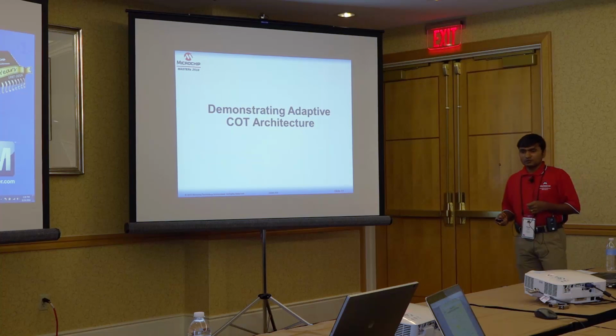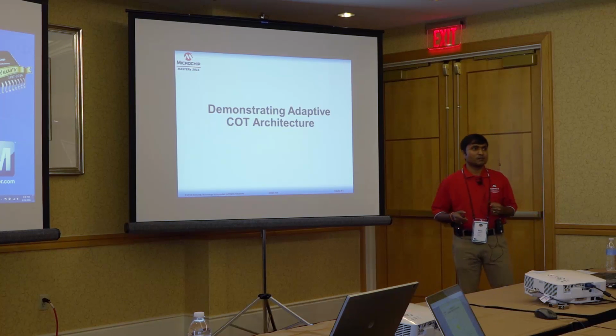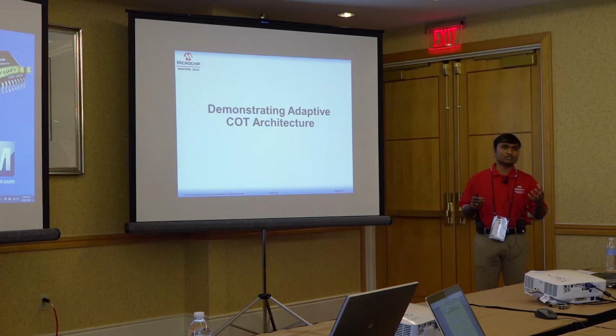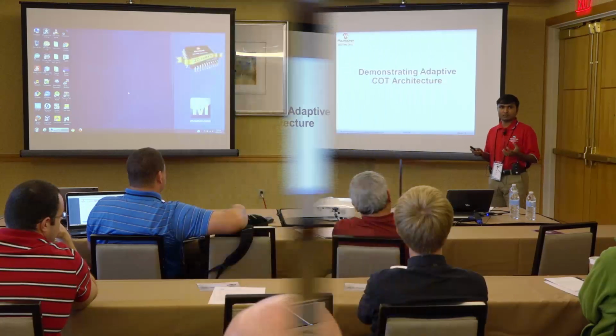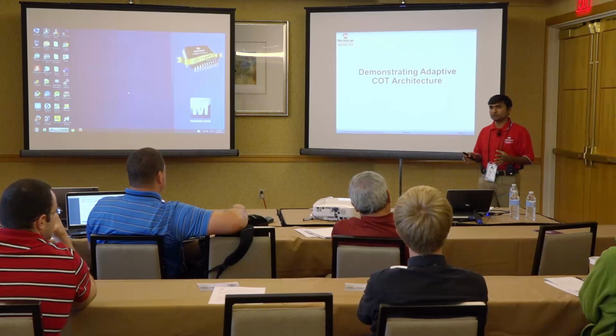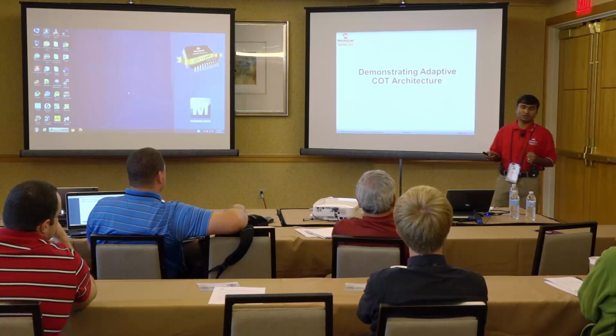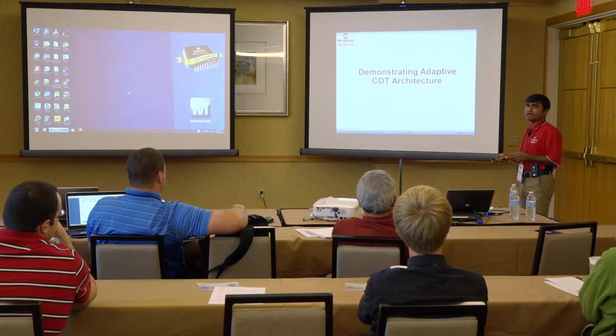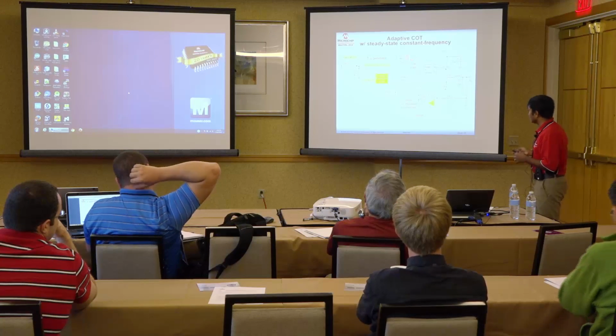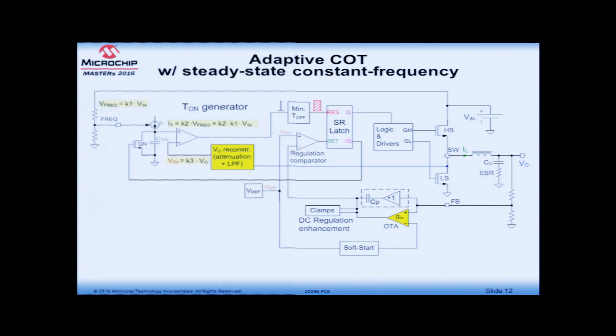Now we start using the adaptive COT architecture. Basically we took the basic COT architecture block and made some modifications to it, and we call it adaptive COT. Let us see how the adaptive COT will solve the basic issues. This is the block diagram for the adaptive COT.